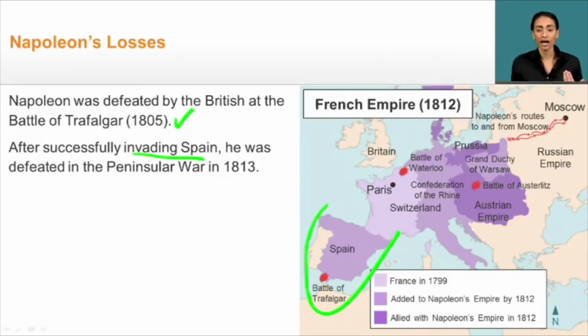Now, he's going to try to use the Spanish fleet to work to his benefit, but later on in the Peninsular War in 1813, it's going to be this British Navy that's led by the great General Horatio Nelson that's able to completely overcome the Franco-Spanish Navy and really put Napoleon's greater ambitions to rest. But believe it or not, this is not going to be the worst of Napoleon's defeats, and we'll talk more about what ultimately leads to his demise in just a bit.